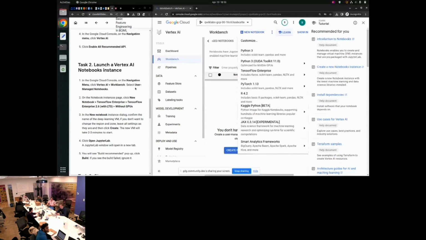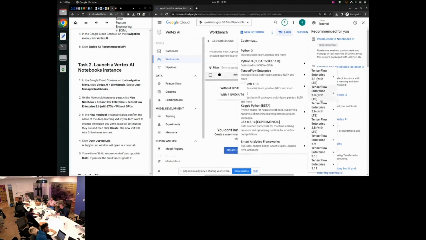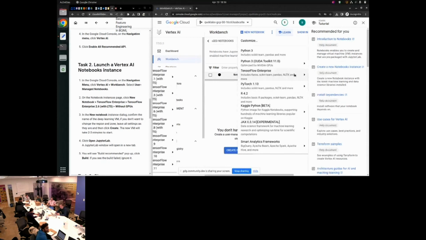So I'm reading task 2, subtask 2. New notebook, TensorFlow Enterprise, TensorFlow Enterprise 2.6 without GPU. So it's going to be here, 2.6. Okay, guys, I'm really struggling because it comes from the other side of it.